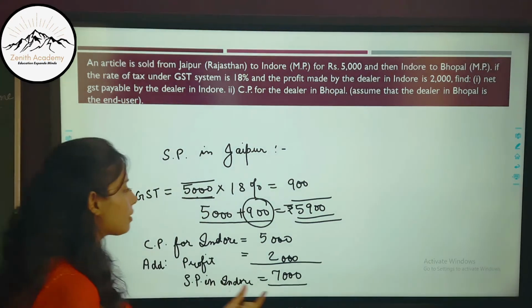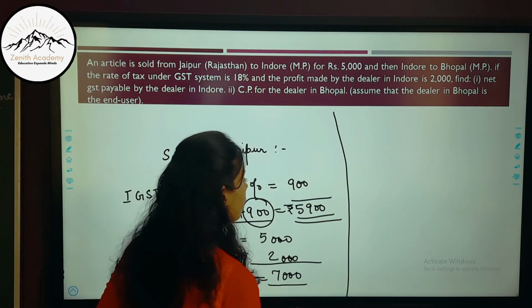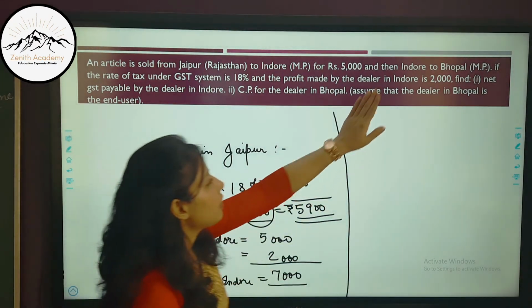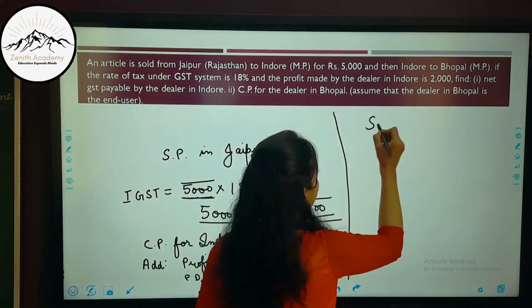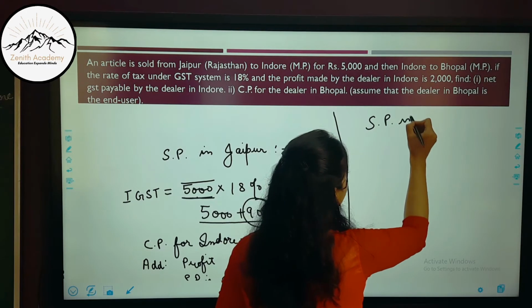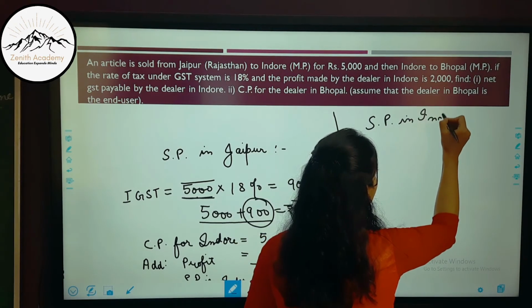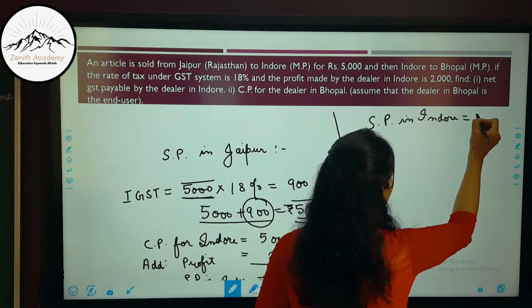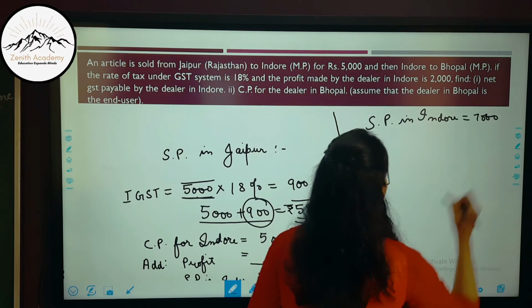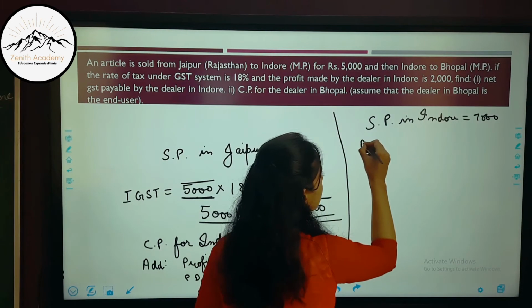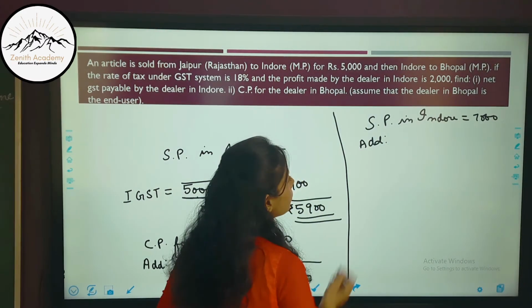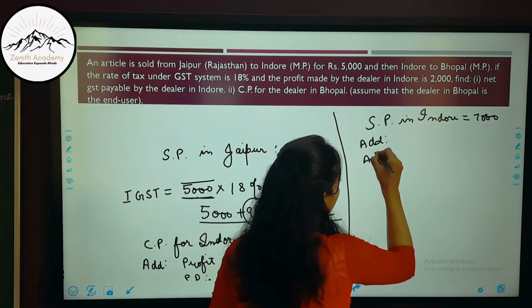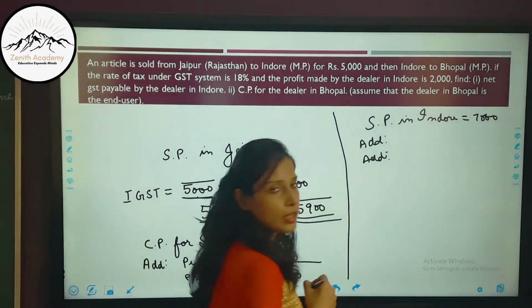Now on this 7,000, when from Indore it is sold in Bhopal, selling price in Indore is equal to 7,000. Since from Indore it is sold in Bhopal, it is an intrastate transaction.